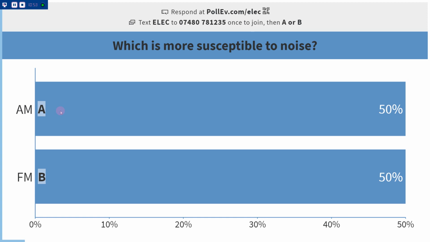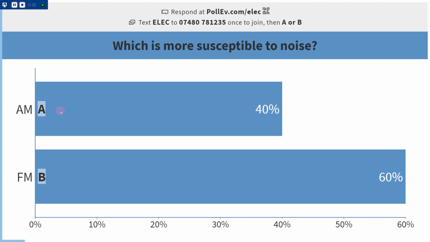Because AM, we are relying either on tracing this envelope or on recovering that message through a coherent detector. So the amplitude is everything for AM. In FM, the amplitude doesn't matter. The amplitude is constant.